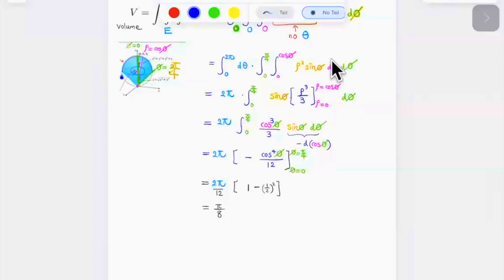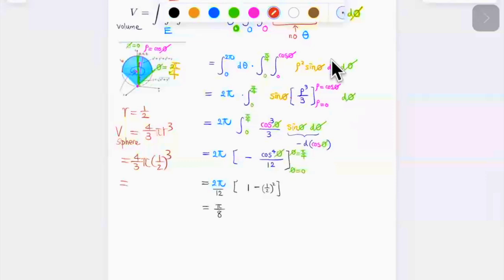Notice that for the whole sphere here, the radius for the sphere is 1/2, so the volume for the sphere is going to be 4 over 3 times pi r cubed. So it's 4 over 3 times pi times 1/2 cubed. So we get 4 pi over 3 times 1/8.